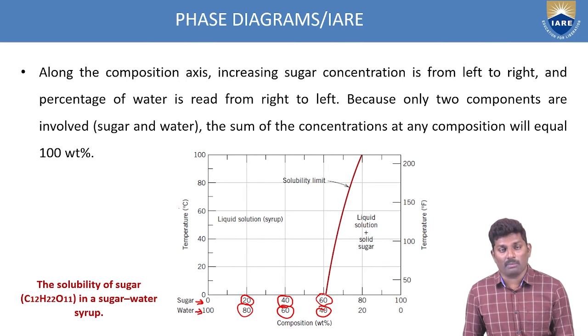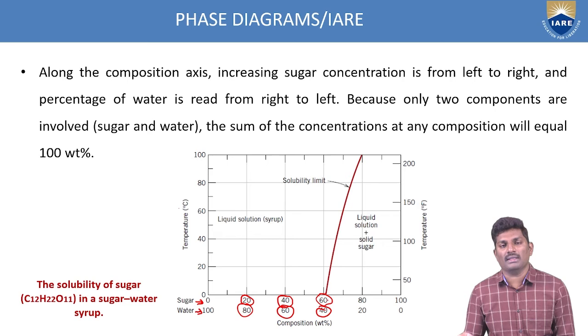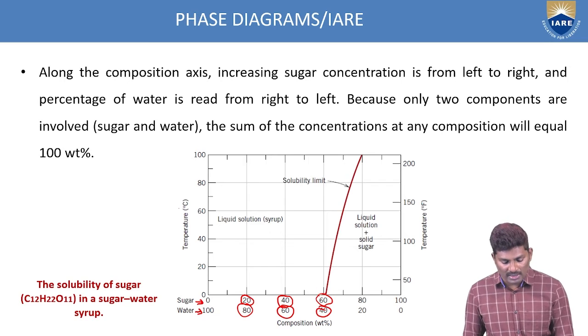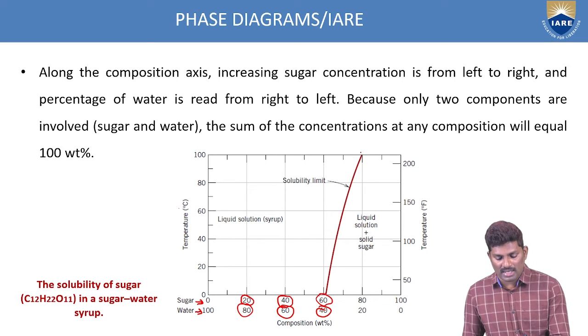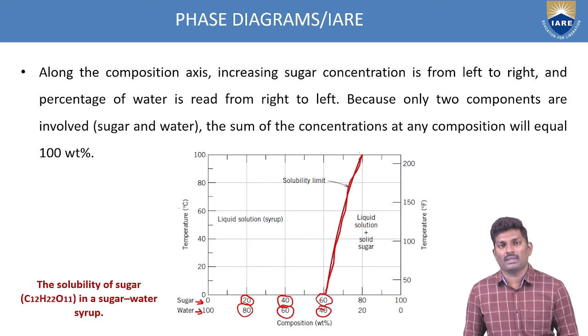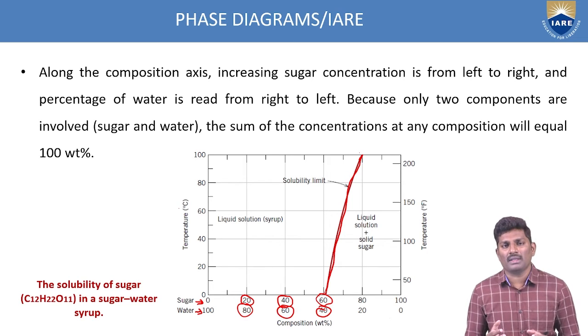So this is the maximum limit where, if you still add some additional sugar into the water, it cannot be dissolved. That's why, if you see in the graph, this red line indicates the solubility limit. So this is the maximum limit where the metal or some alloys can be mixed in the water.